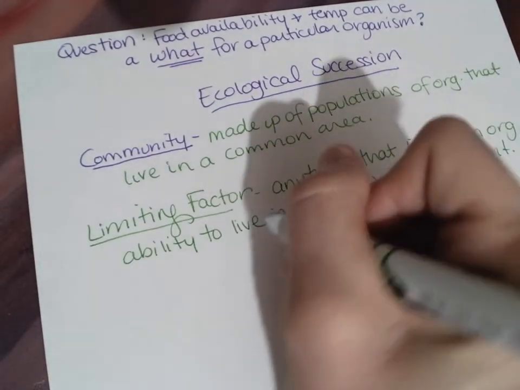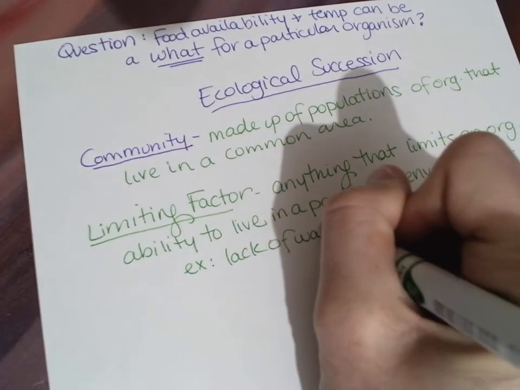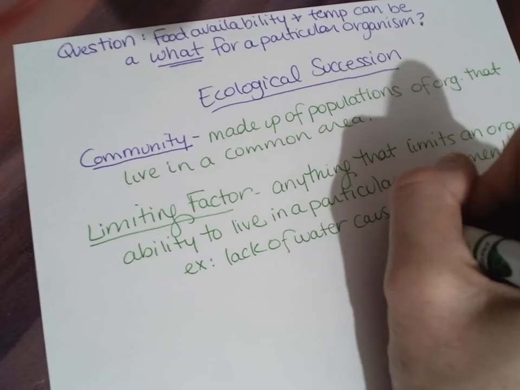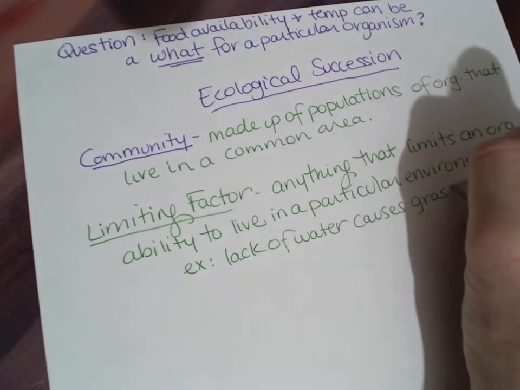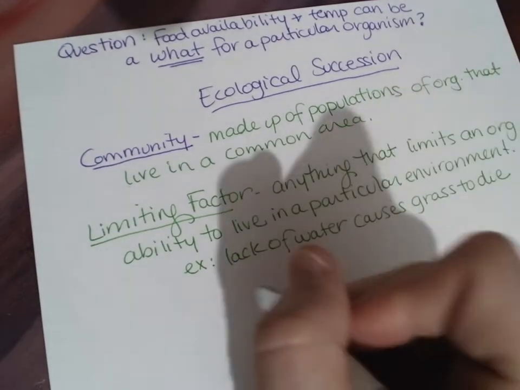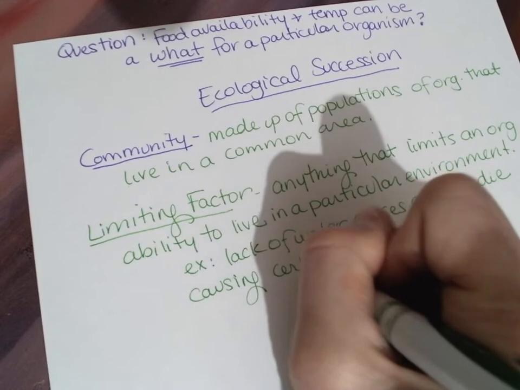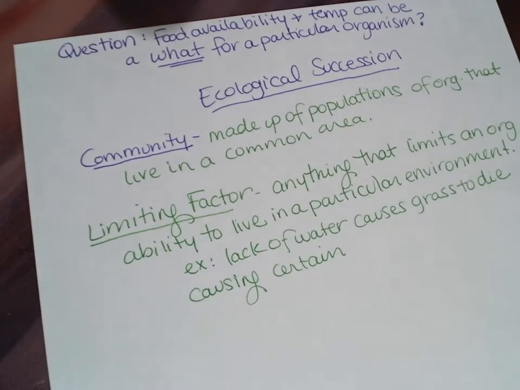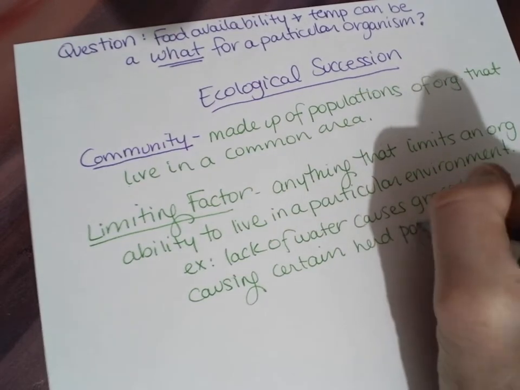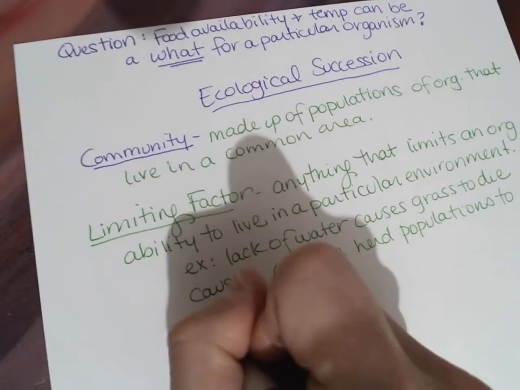Examples of this would be lack of water causes grass to die, which causes certain herd populations to decrease.